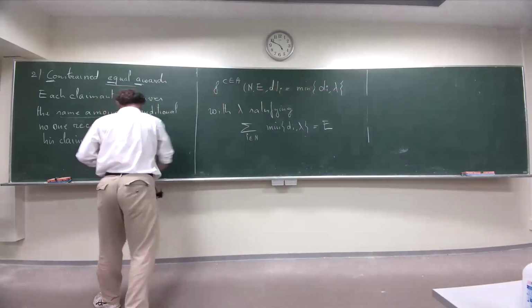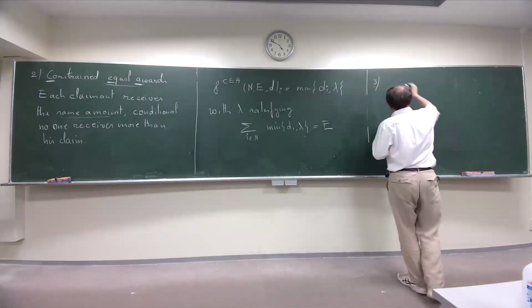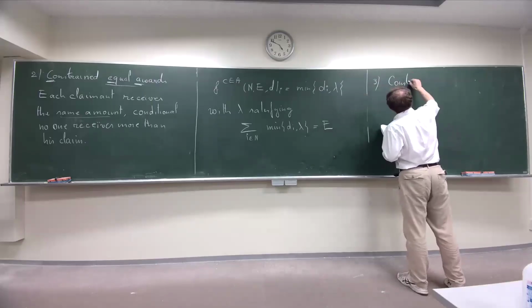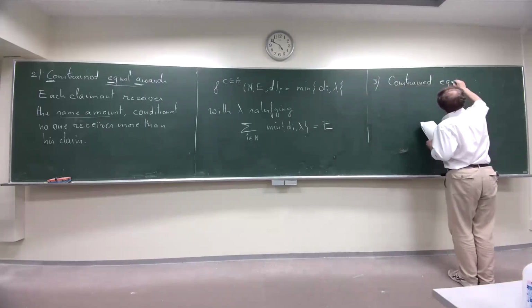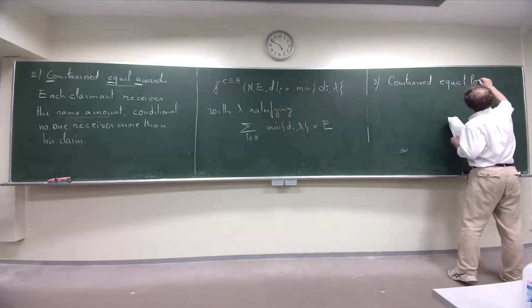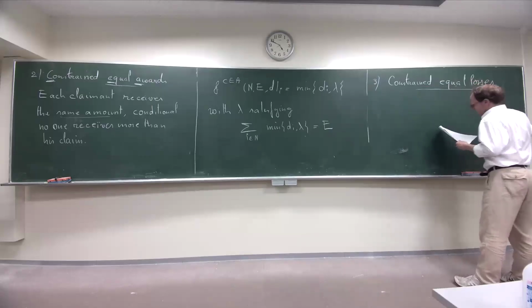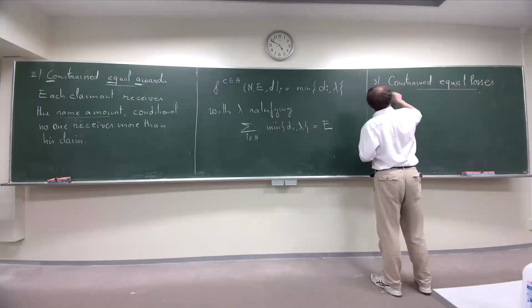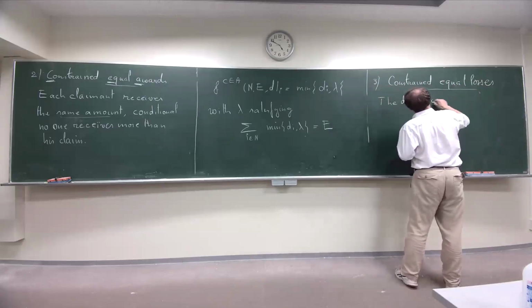I kept the most difficult for next week. This is called constraint equal losses. So now, what is the idea?